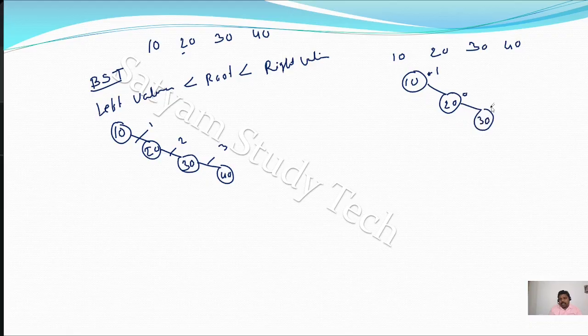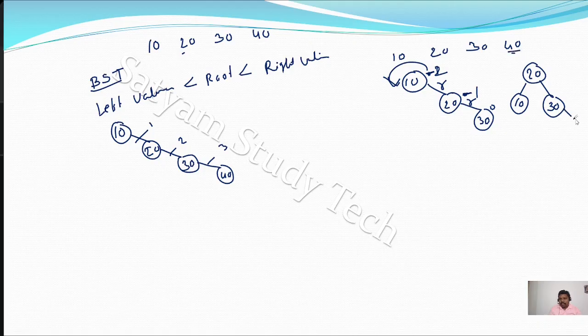After adding 30, here the balance factor is 0, here -1, here -2. Because it is right of right, we have to perform a single left rotation. Then it is 20, with 10 and 30. Check the balance factor of each and every node. It is balanced.